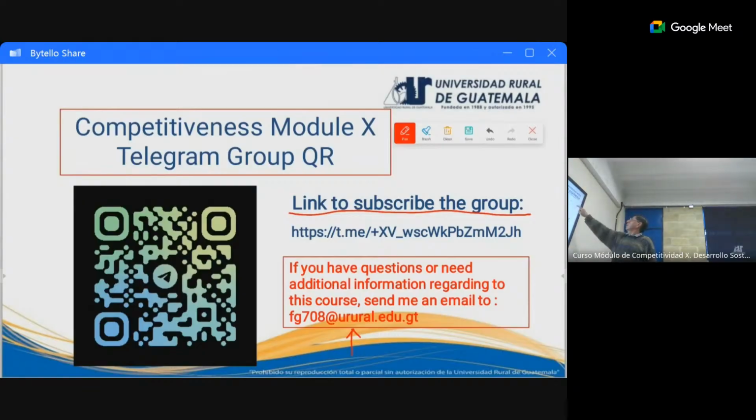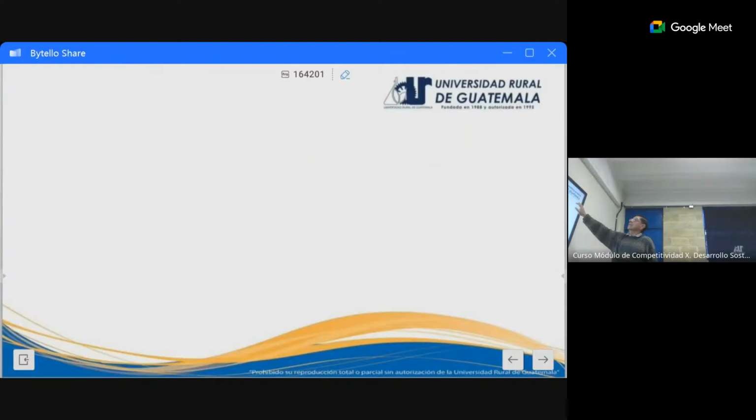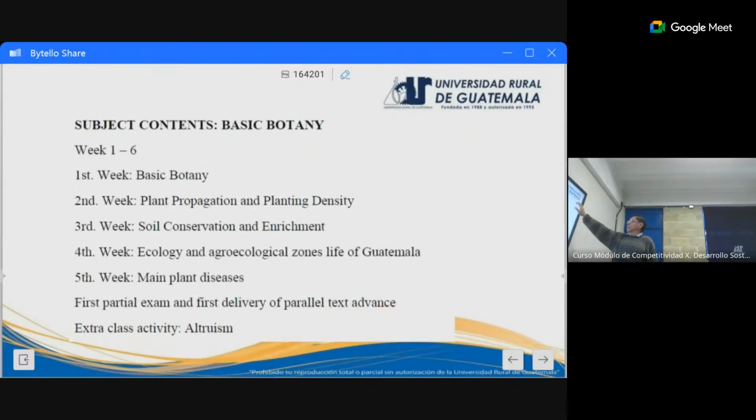And now let's go ahead with our course. Here I included a small sample of our program, that is the basic botany. We're going to study from week 1 to 6. On the first week, basic botany. Then on second week, plant propagation and planting density.